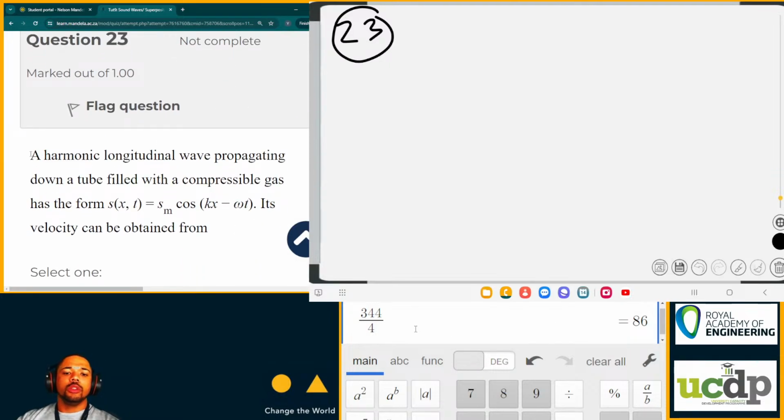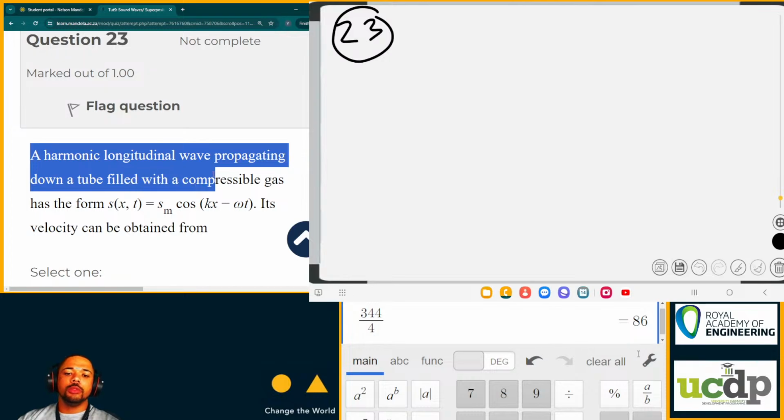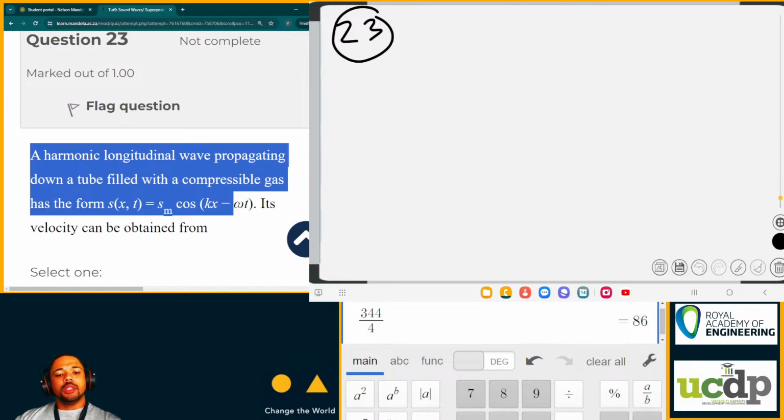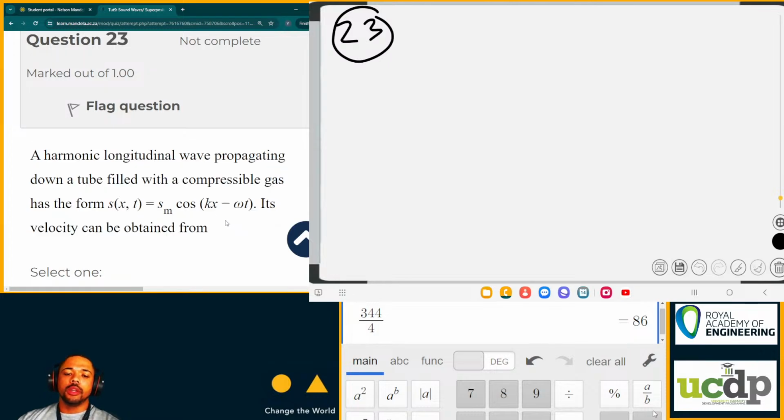A harmonic longitudinal wave propagating down a tube filled with compressible gas has the form s(x,t) equals s_m cosine of (kx minus omega t). Its velocity can be obtained from. Okay, now this is the formula for the displacement of every element inside of that longitudinal wave inside the tube filled with compressible gas.